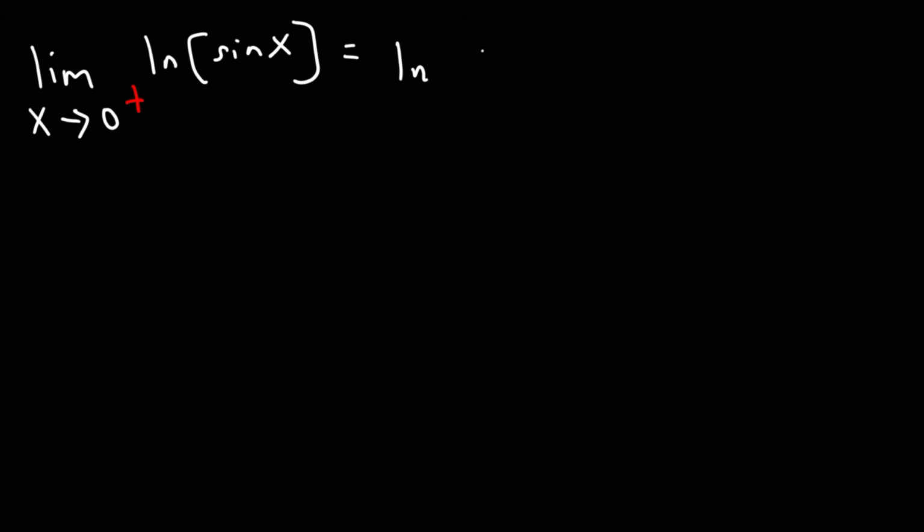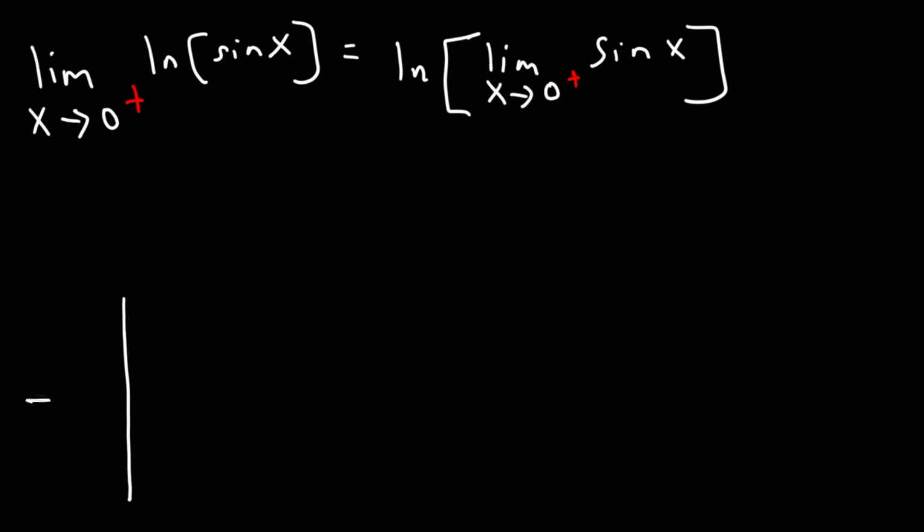So this is going to be ln, and the limit as x approaches 0 from the right of sine. Now for this one, we need to be careful. I'm going to draw the graph of sine. y equals sine x looks like this.